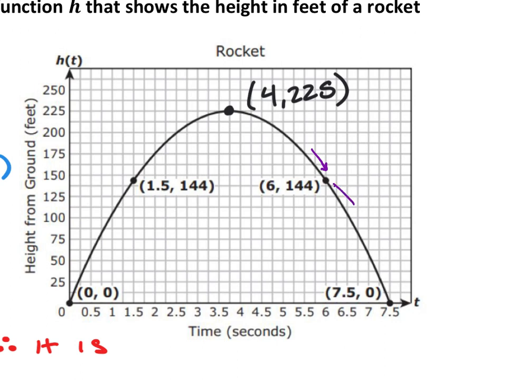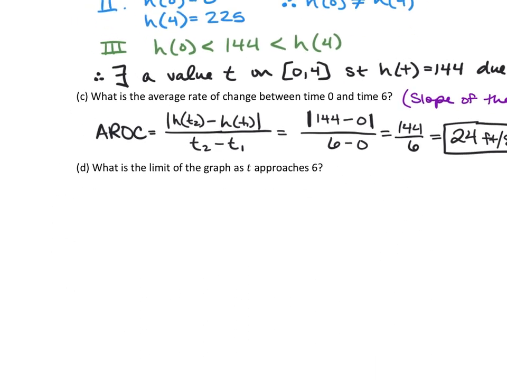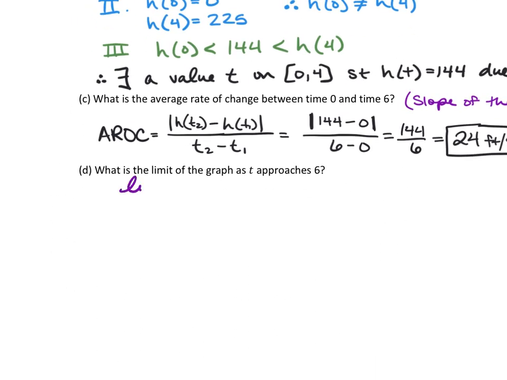What's the limit on the right side? 144. So what's the limit? 144. So the limit as t approaches 6 for h of t would be 144. That's it.